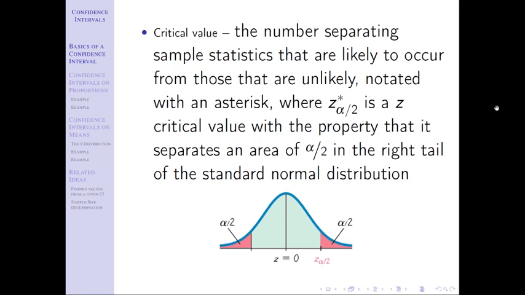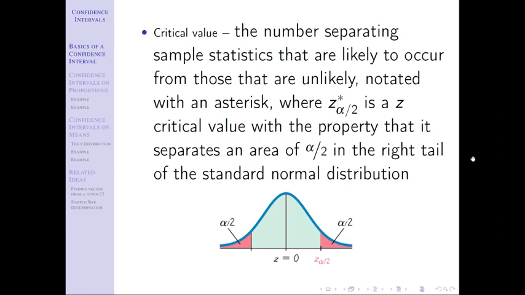So that's why we talk about this alpha over 2. We're always going to be cutting our alpha in half and saying that I need to use that as my area to the left or right in order to find critical values. Because the z distribution is symmetric about 0, notice that the critical value on the right is just going to be the positive version of the critical value on the left, which will just be negative.